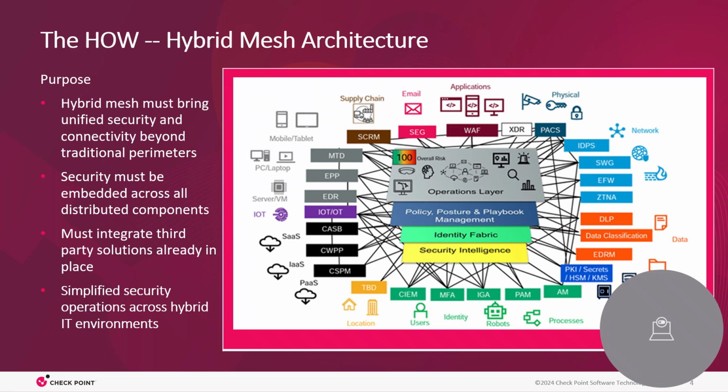Then on the outer layer, you're going to see all the points of access where security is needed and where data loss prevention is needed. On the left-hand side, you see all the devices like servers, laptops, phones, tablets, you name it, they are there.